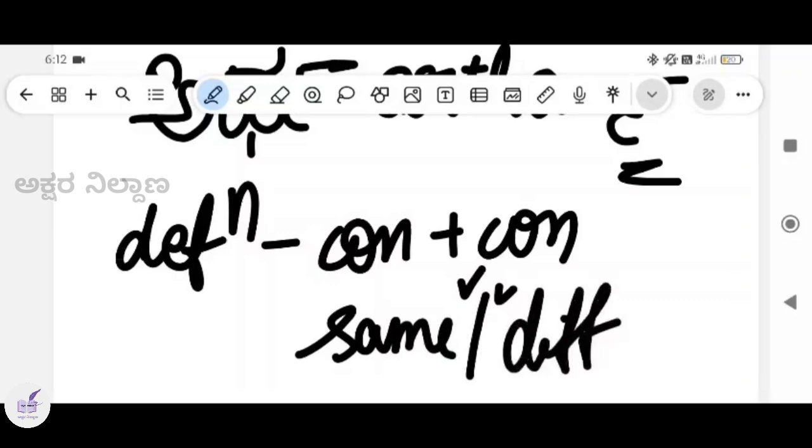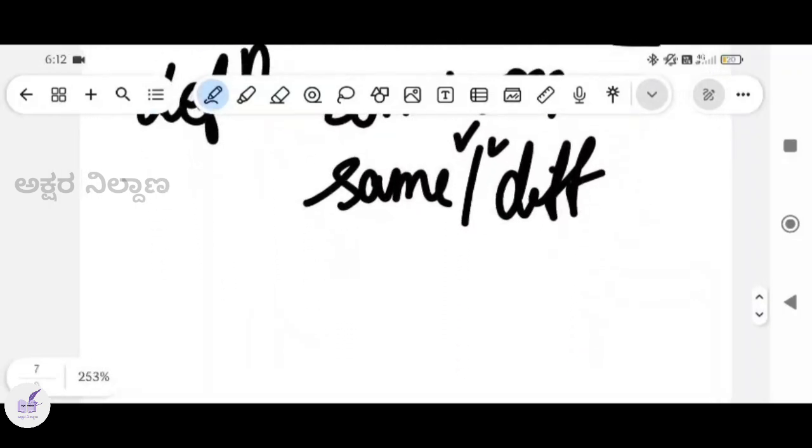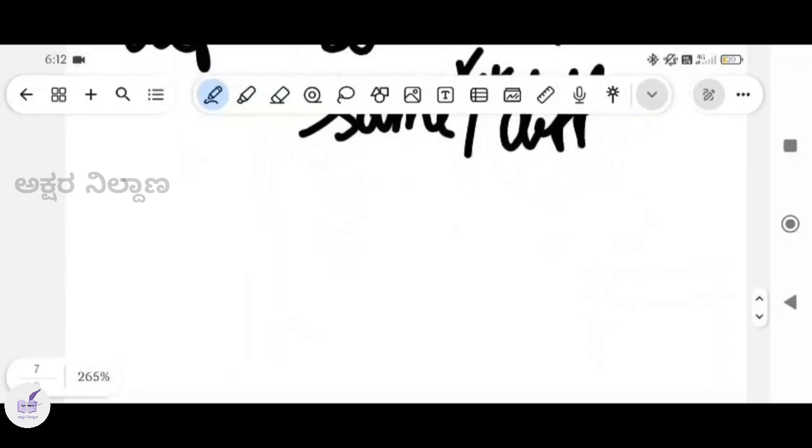That makes Vattakshara. And we learned how to write Vattaksharas. You should be thorough with how to write Vattaksharas, so that you will be able to write words. Vattakshara is mandatory.